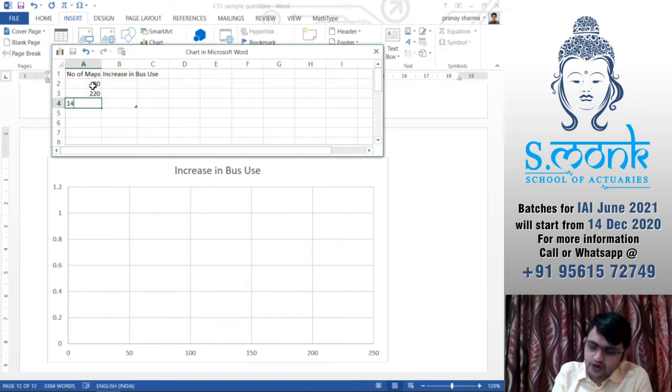Now see, if you want to show trends as well, then keep x values in ascending order. These are not in ascending order, these are randomly taken into account. But if you want to show trends, then you will have to take them as ascending values. Okay, I'm not showing any trends, so that is why I can take these random values.